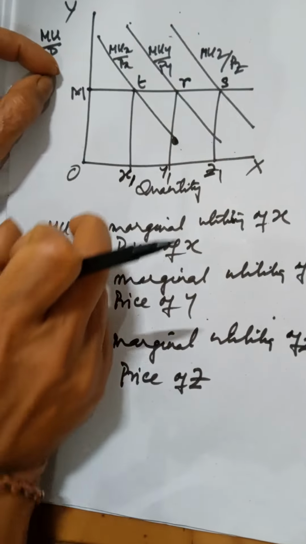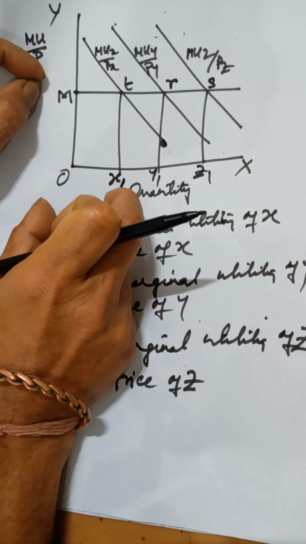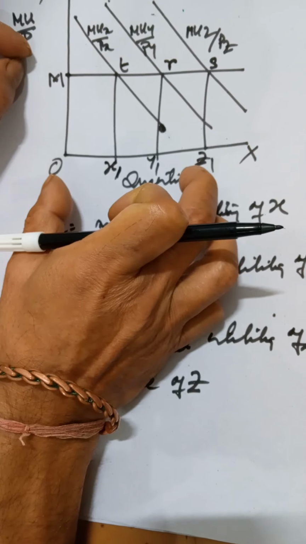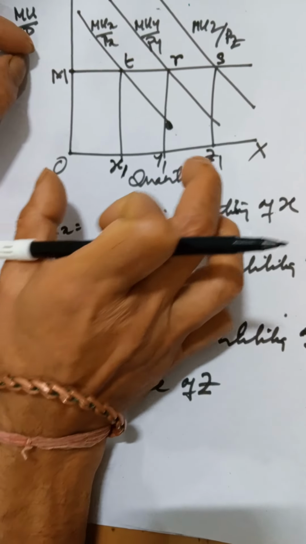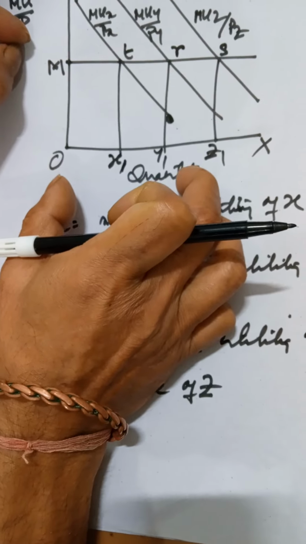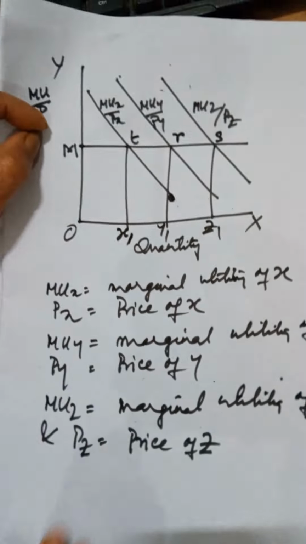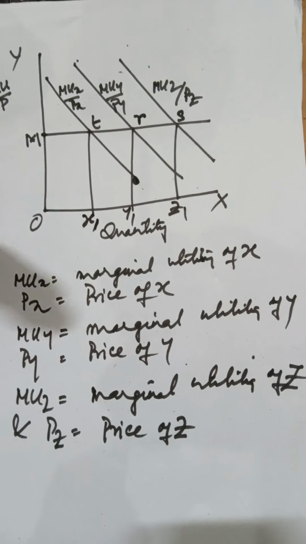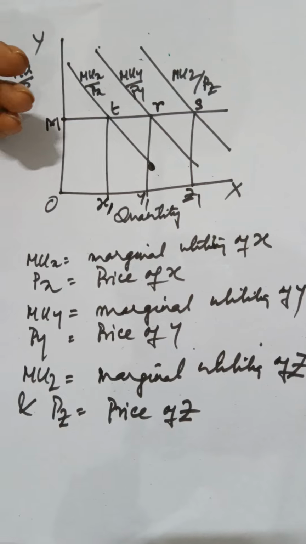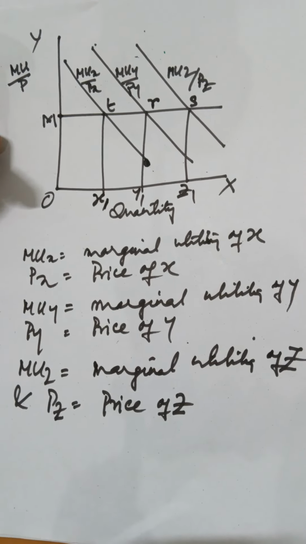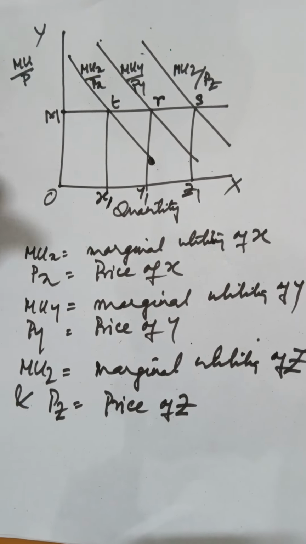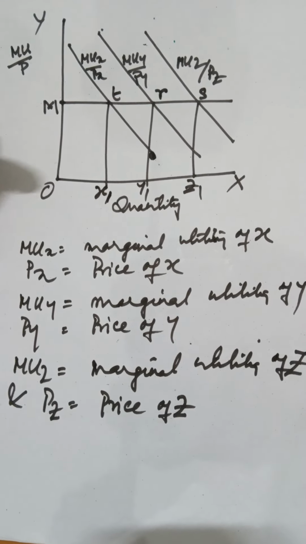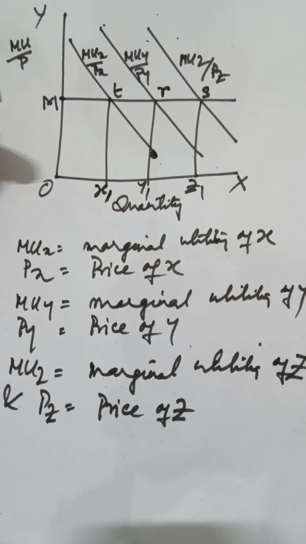By consuming OX1 units of commodity X, OY1 units of commodity Y, and OZ1 units of commodity Z, the consumer is maximizing his satisfaction. That is, he is capable of allocating his money at disposal in such a way that each unit of money spent on X, Y, and Z is equal to the marginal utility of money of the consumer.